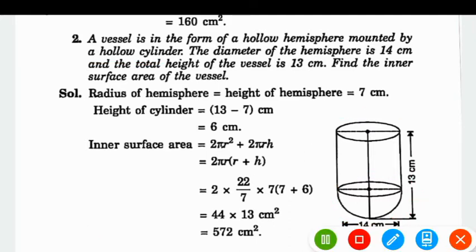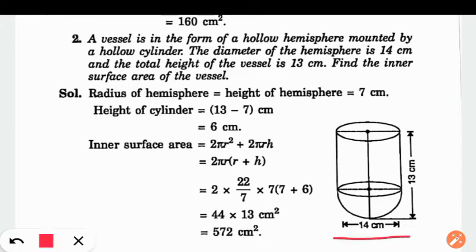The diameter of the hemisphere is 14 centimeter. Then what will be the radius? This one will be the radius, 7 centimeter, right? This is the radius or height of the hemisphere, both are 7 centimeter. So here to here is 7 centimeter.